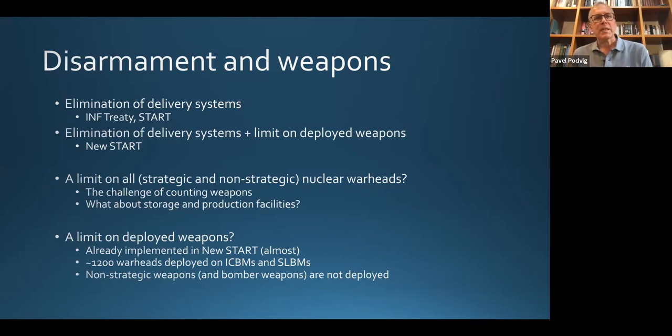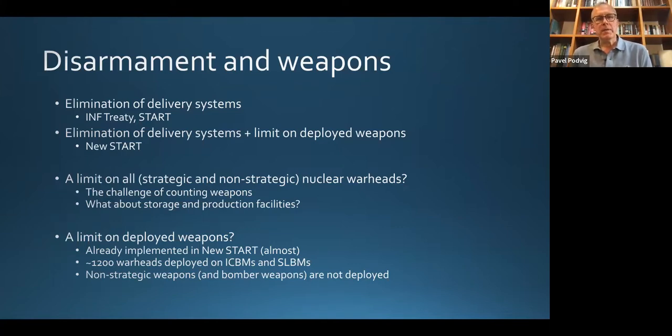As we all very well know, so far all nuclear disarmament dealt with elimination of delivery systems. We never really dealt with the elimination of warheads, and that was the INF Treaty, the START Treaty. They all talked about eliminating delivery systems, missiles, and aircraft, and things like that.